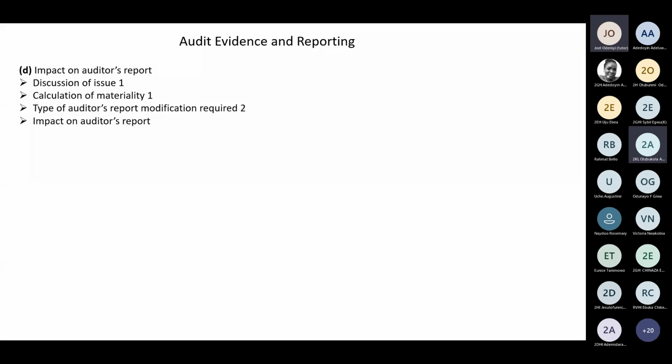That's the only time you're going to include a material uncertainty related to going concern paragraph, basically just to draw users' attention to that uncertainty, and you're going to cross-reference the notes where management has already properly disclosed the uncertainty that they are facing. And material uncertainty does not modify the auditor's opinion. The auditor is not going to modify the auditor's opinion because of that.